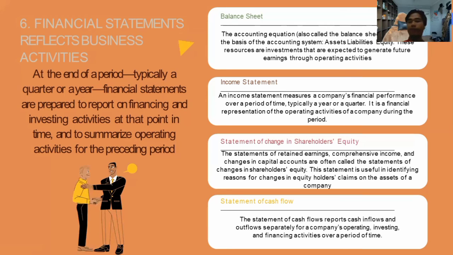This statement is useful in identifying reasons for changes in equity holders' claims on the assets of a company. And the last we have the statement of cash flows. The statement of cash flows reports cash inflows and outflows for a company's operating, investing, and financing activities over a period of time.